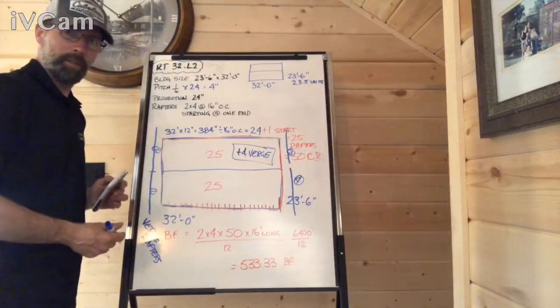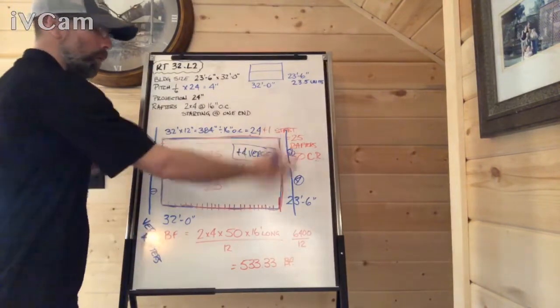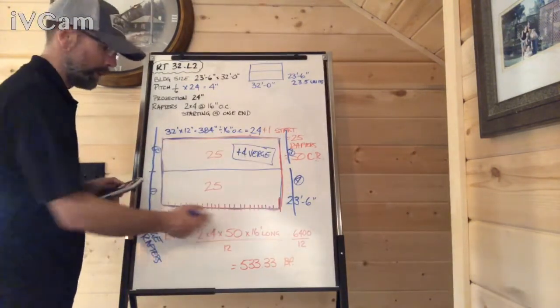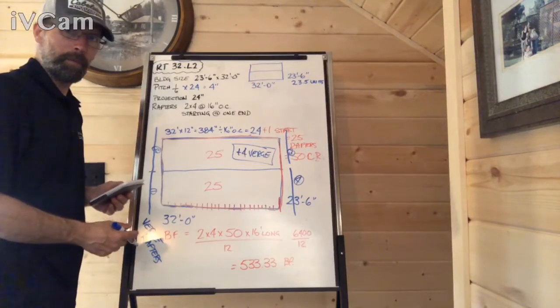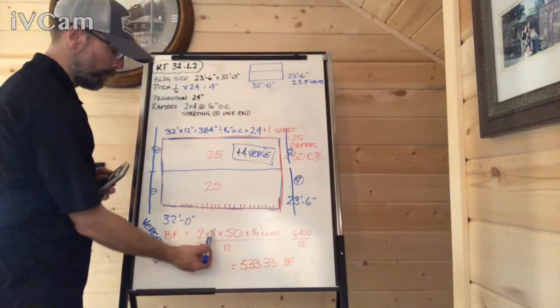So here, if I want to know all the rafters necessary, I would have to add 4 more. So you can figure that out. 2 by 4.